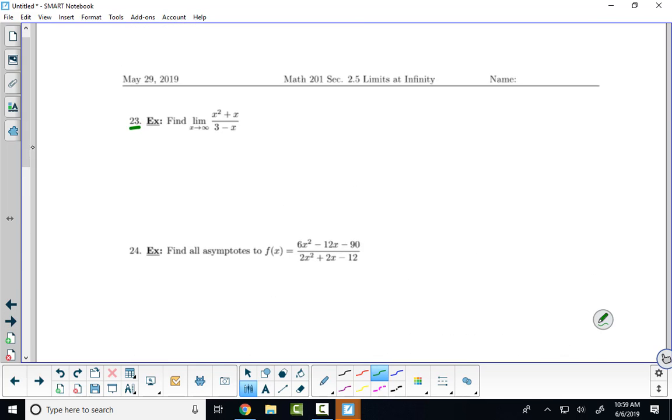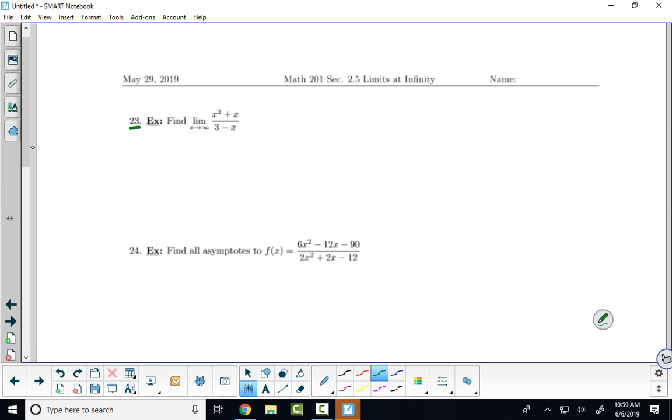Okay. So let's look at the limit as x approaches infinity of x squared plus x over 3 minus x. Again, you might remember the college algebra techniques for this. But we're trying to look at this in terms of analyzing whether we have a horizontal asymptote or not.